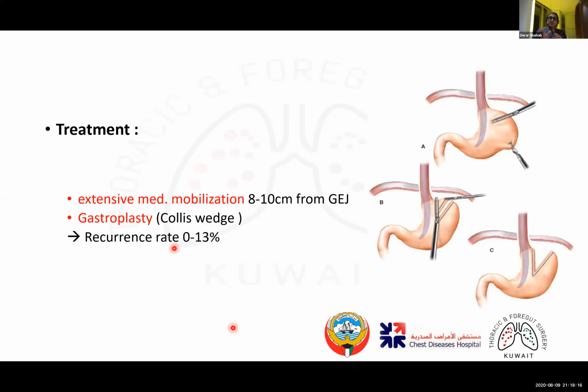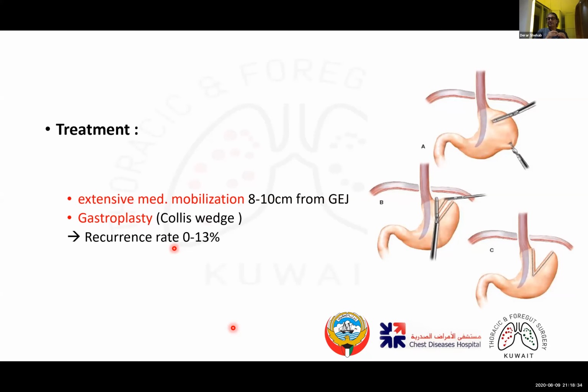Now, the treatment of short esophagus is two things. First of all, you have to do an extensive mediastinal mobilization, at least 8 to 10 centimeters inside the mediastinum, or a lengthening procedure.